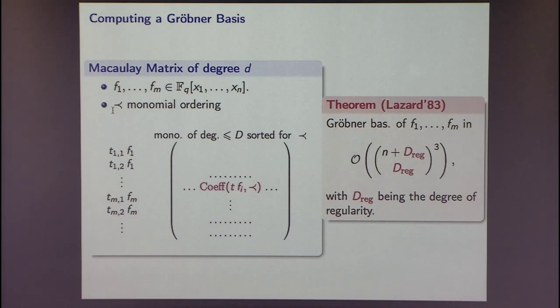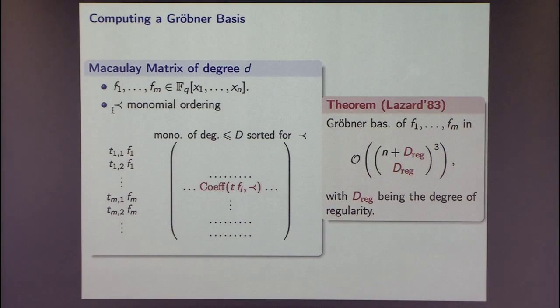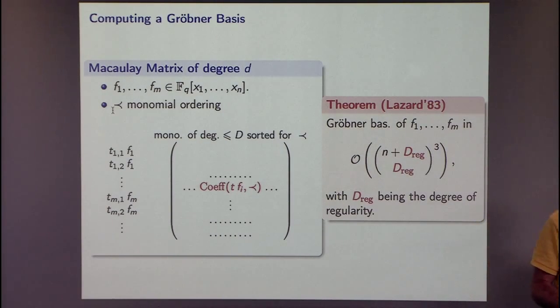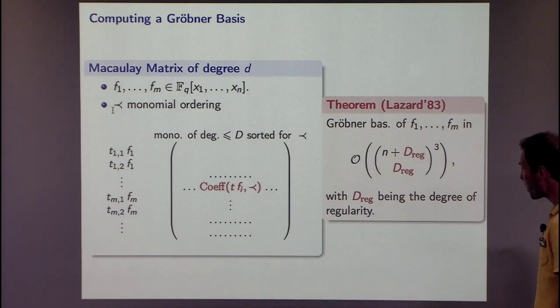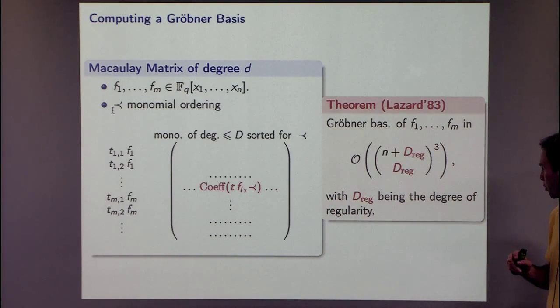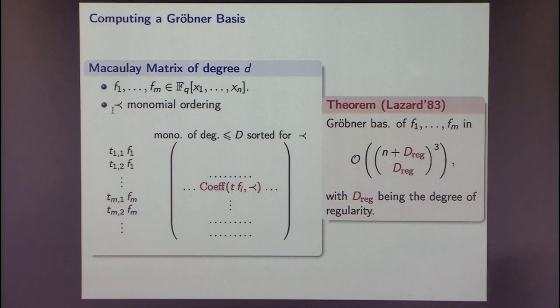And so we know that if you perform a row echelon form on this matrix for d big enough, then you can compute a Gröbner basis. So it allows you to give a rough bound on the cost of computing a Gröbner basis. It's going to be the cost of performing the linear algebra on a matrix which is sufficiently big.